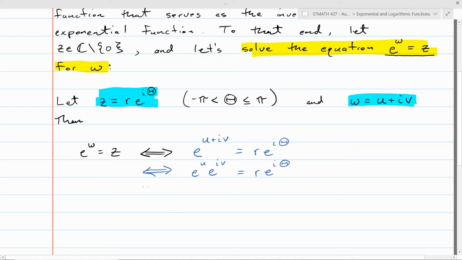And just like with the example we did a little bit ago, this is only going to be true if e to the u is equal to r. And remember, we're trying to solve for w, which is the same as solving for u and v. And we know that e to the iv is e to the i times this capital theta.